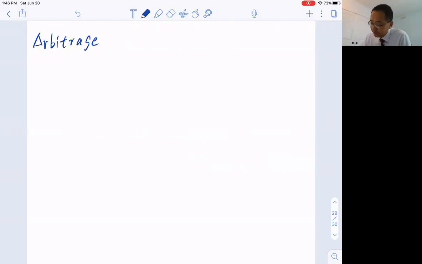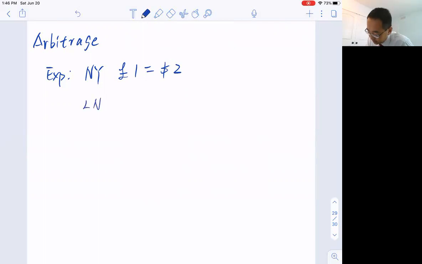For example, let's say that in New York, currently, £1 exchanges for $2. In London, you see that £1 exchanges for $2.1.